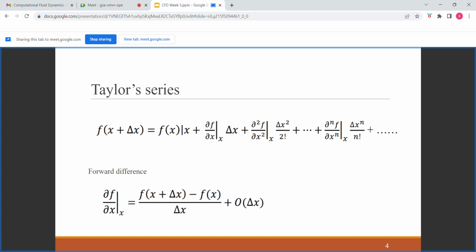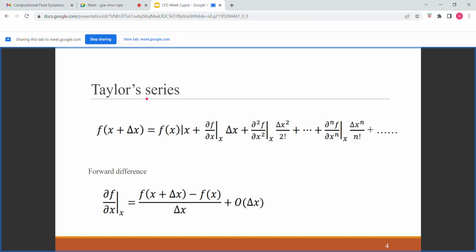In forward scheme, as the name suggests, we are using the current point and the point next to it. In backward difference, we are using the current point and the point behind it. Whereas in central difference, we are taking two different points and using it as the central difference scheme. So we'll see how it is derived from the Taylor series.